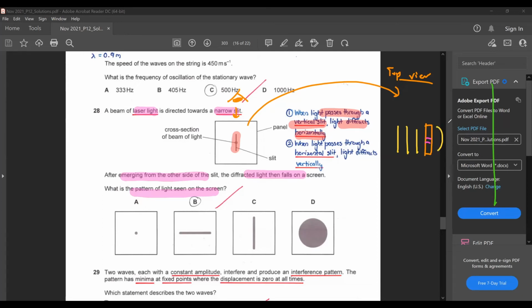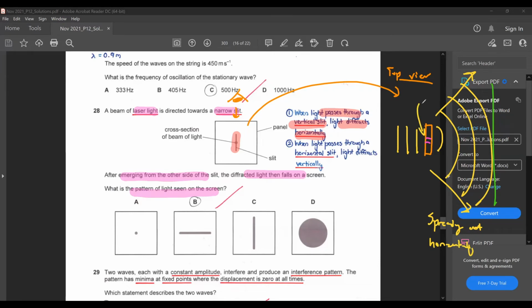The waves will diffract like this, spreading out horizontally. This is your vertical slit.